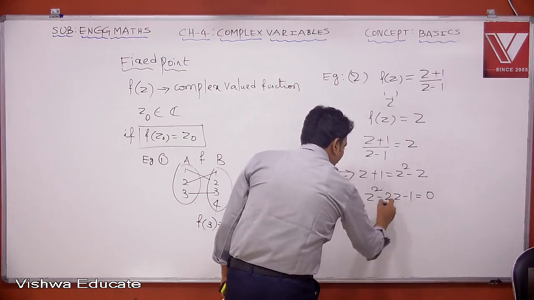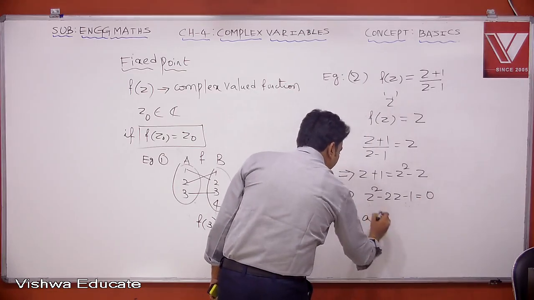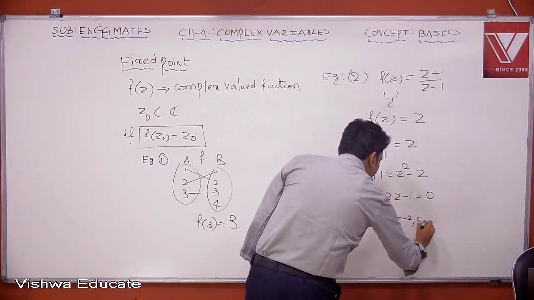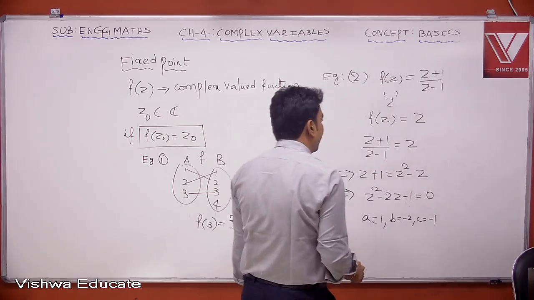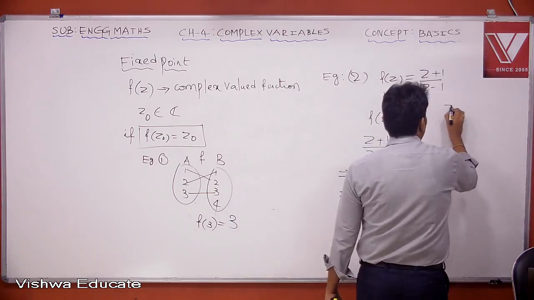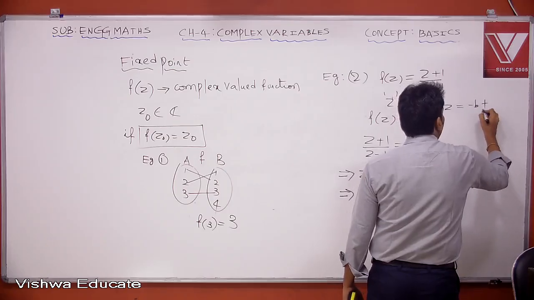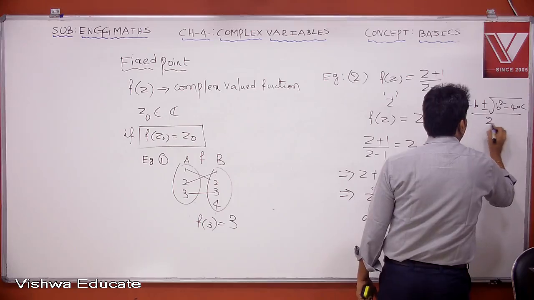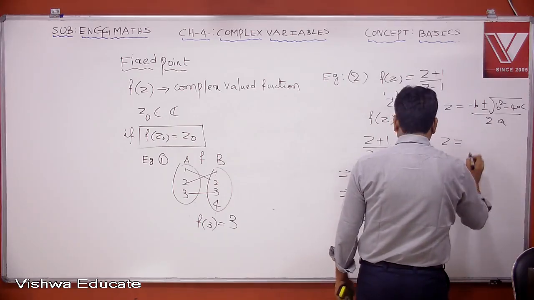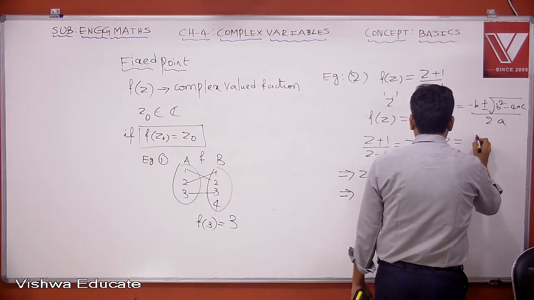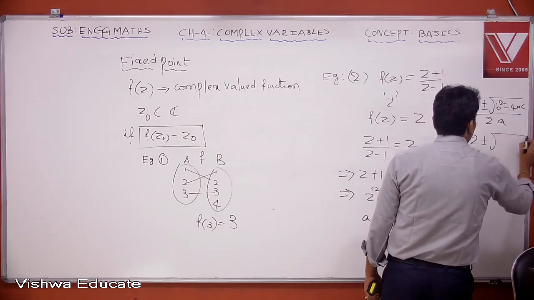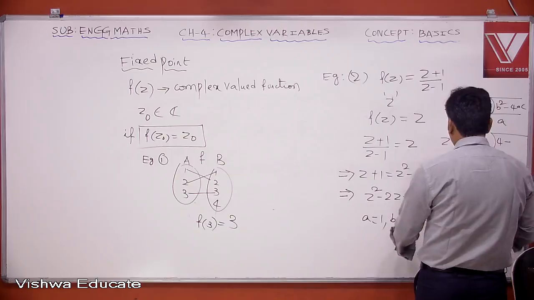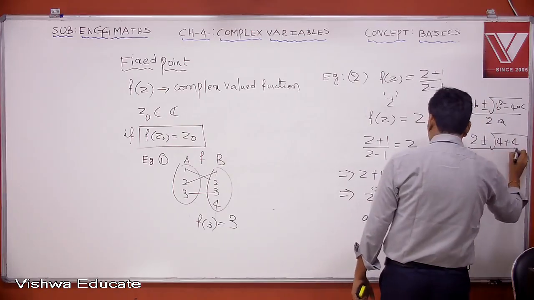Now this is a quadratic equation. The coefficient of z square is a, which is 1, the coefficient of z is b, which is minus 2, and the c value is minus 1. Therefore what are its roots? Its roots are z equals minus b plus or minus square root of b square minus 4ac divided by 2a. Here b is minus 2, so this is plus 2, plus or minus square root of 4 minus 4ac, so you will get plus 4, divided by 2a.